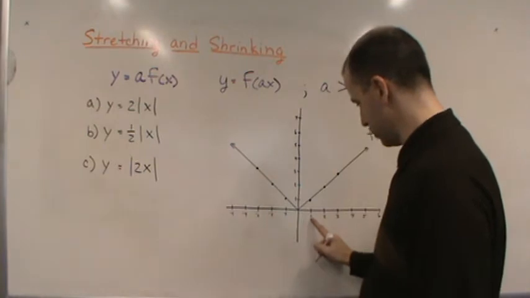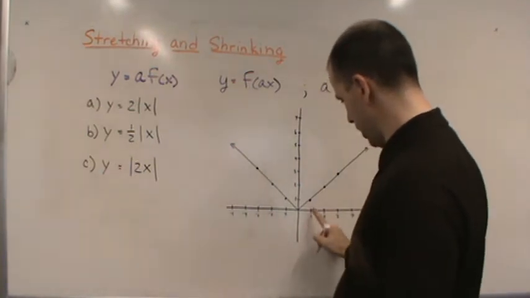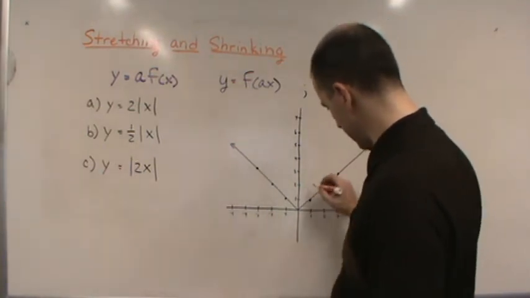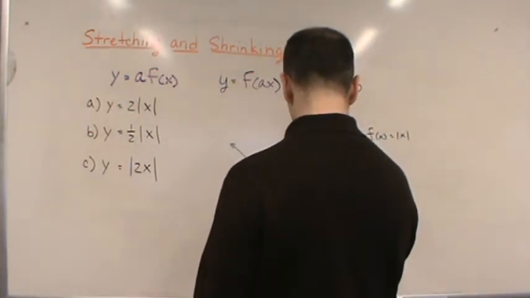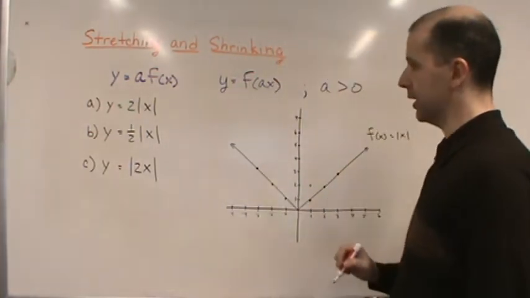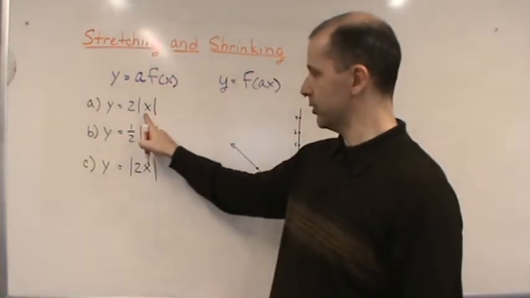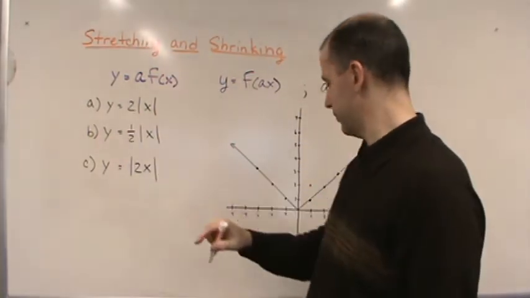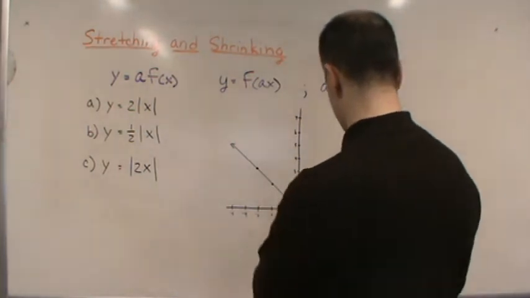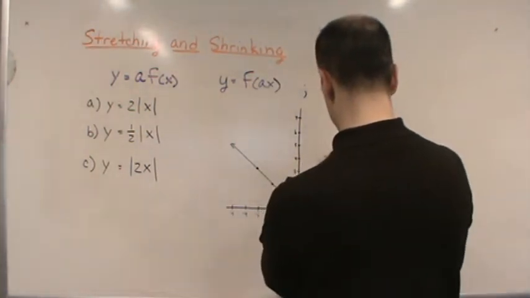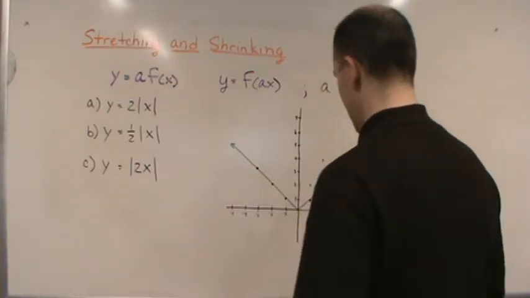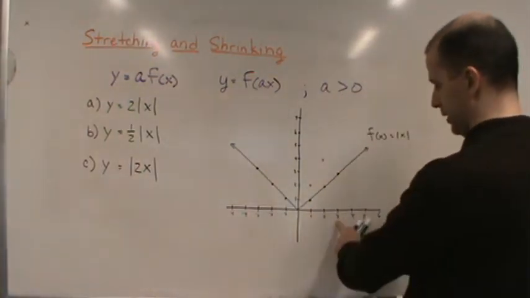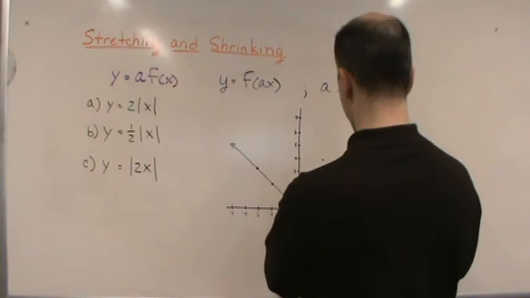So I'm going to go to 1, 2 here. Now let's plug in 2. The absolute value of 2 is 2, and 2 times 2 is 4. So now I'm going to go to 2, 4. And then let's do 3. So 3 is going to go to 6.